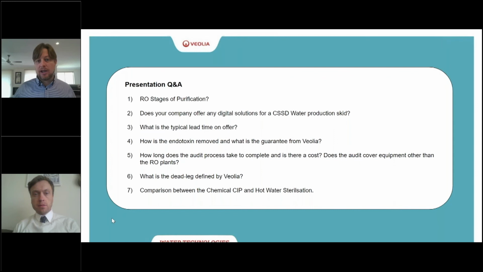It's simply a matter of us coming to site and probably taking 2 or 3 hours with one of your appropriately knowledgeable engineering team or CSSD, NUM or people who know where all the equipment is, so that we can check all the washers and disinfectors and existing water treatment equipment, and also discuss with your CSSD manager or your engineering or maintenance team things like how many cycles you're running per day, whether you're running 3 days a week or 7 days a week, and when your downtimes are, and so on.